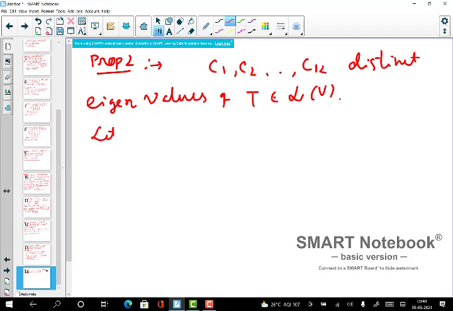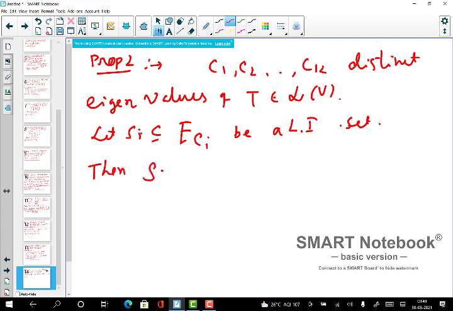So let Si, a subset of E_ci, be a linearly independent set. Then the union S equals S1 union S2 union dot dot dot Sk is also a linearly independent set inside the whole V.